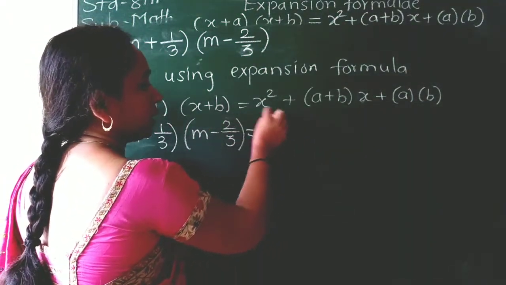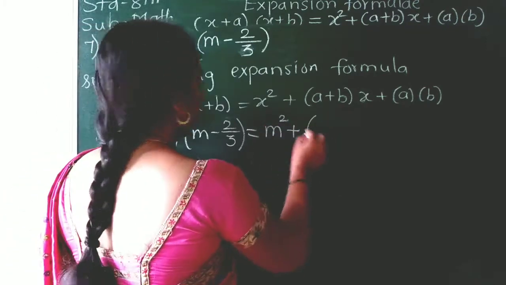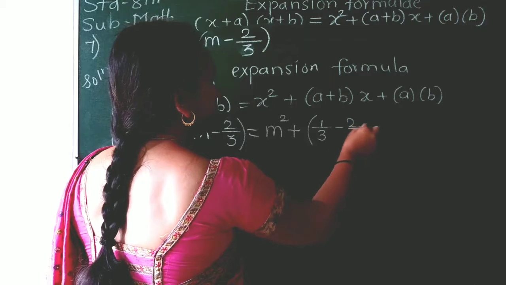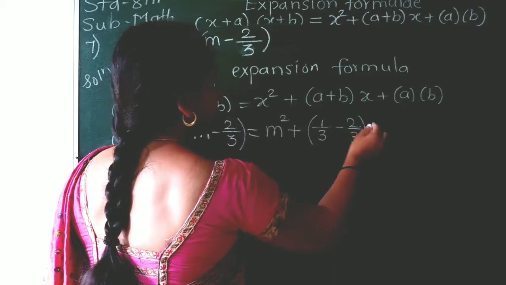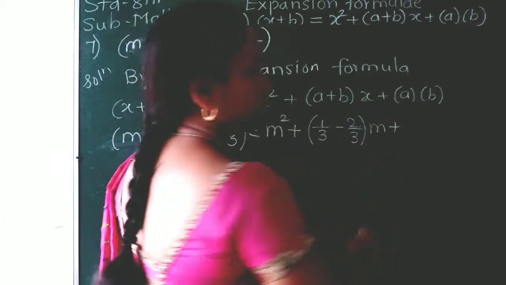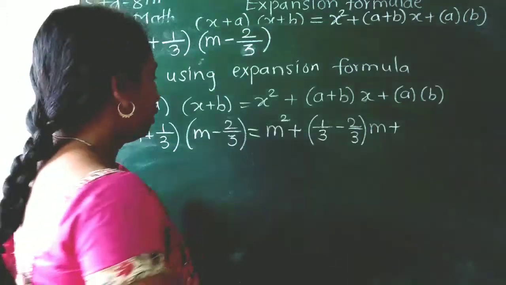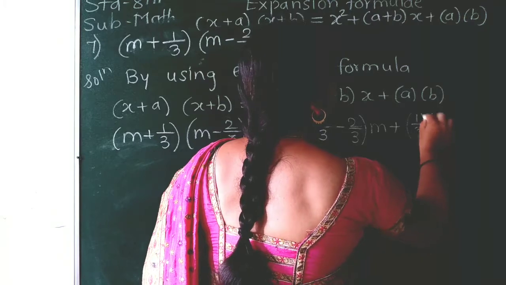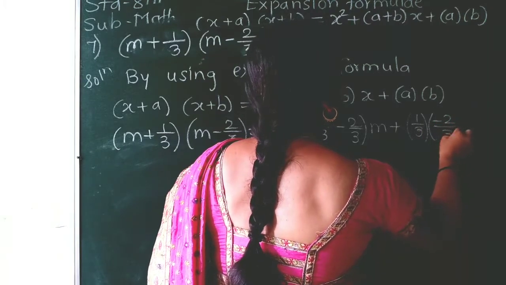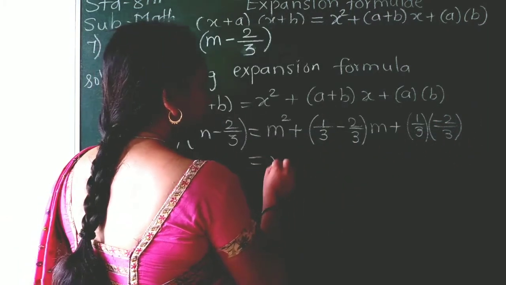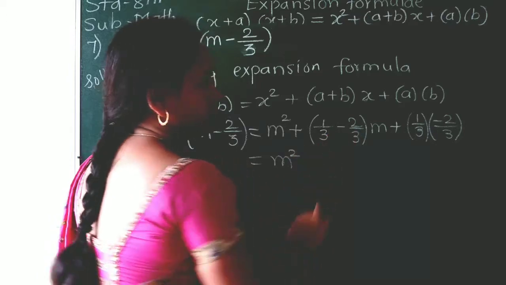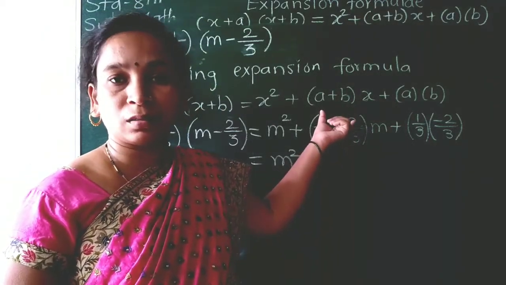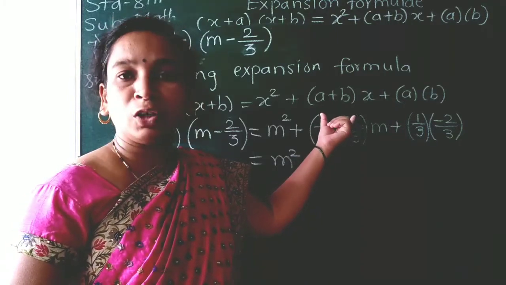So I'll replace x with m, plus a's value 1 upon 3, b's value minus 2 upon 3, into x, x is m, plus product of these two, a and b, so 1 upon 3 into minus 2 upon 3. So here I'll get m square plus minus, their denominators are same. So here you can just subtract or add numerators.